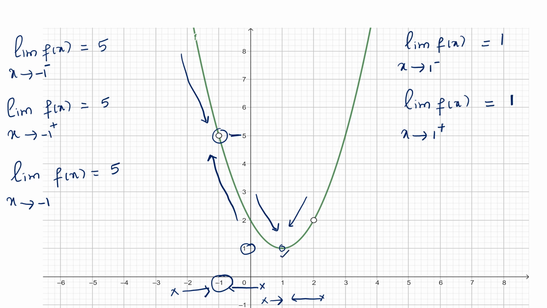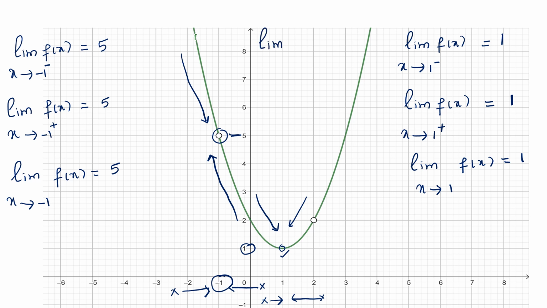So what we can say, the limit of f(x) as x tends to 1 is equal to 1, because the left limit and right limit are equal here. In the same way, x approaches 2 from the left side and the right side.